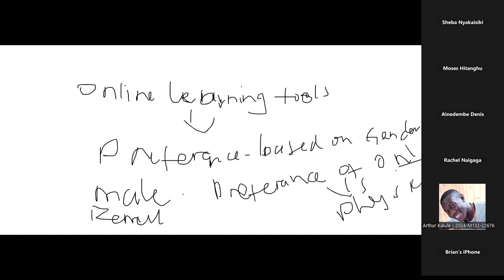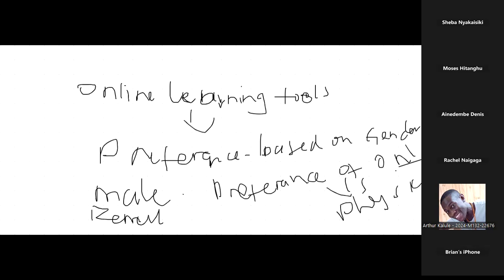Here I've not stated that male students will have a positive preference towards online tools and females have a negative preference. I'm simply trying to find out preference for online tools versus physical tools. And then afterwards, I find out the difference between male and female. So my hypothesis before the research did not predict whether the males would prefer it or the females would prefer it. I'm simply trying to find out.